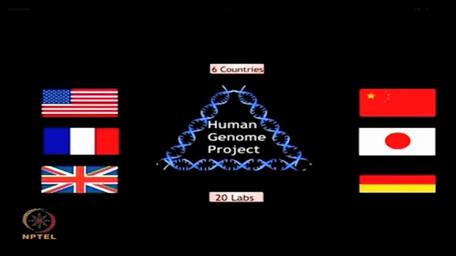The immense amount of information held by the human genome motivated researchers to understand the nature and content of genetic material in great detail. A collaborative effort between 6 countries and 20 laboratories was undertaken in 1990 to produce a draft of the human genome sequence.